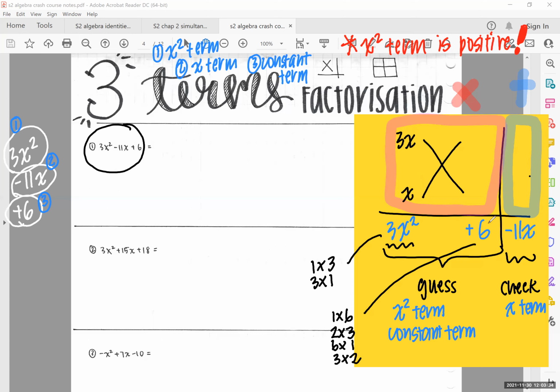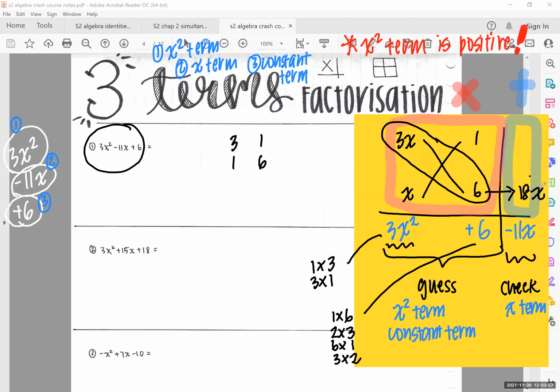Now, let's move on to 6. So guys, I'll teach you a trick. Can you see this is 3 and 1? Now, 6 is made up of what? Let's try 1 and 6. I put 1 and 6 here. If I cross 1 and 6, when I cross, it means this times this will give me this one here. 3x times 6 is 18x.